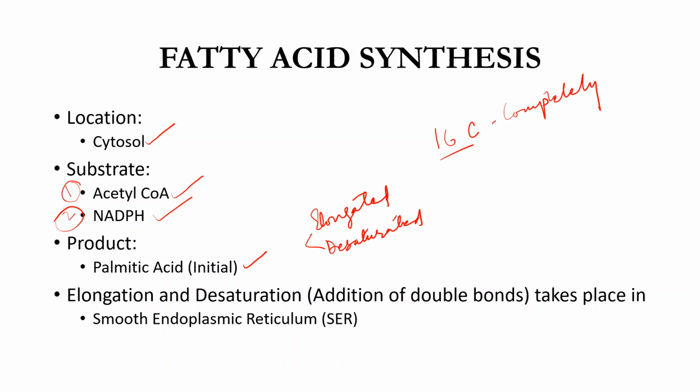So if our body needs unsaturated fatty acids, it needs to be desaturated. If it needs more length of fatty acid like 18 or 20, then elongation has to be done. Both will be done in the smooth endoplasmic reticulum by different enzymes.